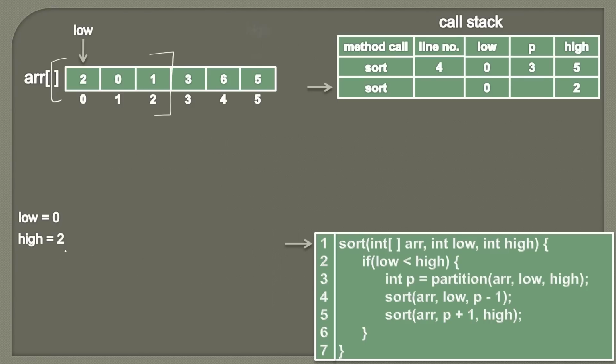So high becomes 2, p minus 1 which is 2. So our new high became 2. Low is less than high. So now we'll partition only the left side of the pivot, which is these 3 elements. So we will leave this sort method at line number 3.